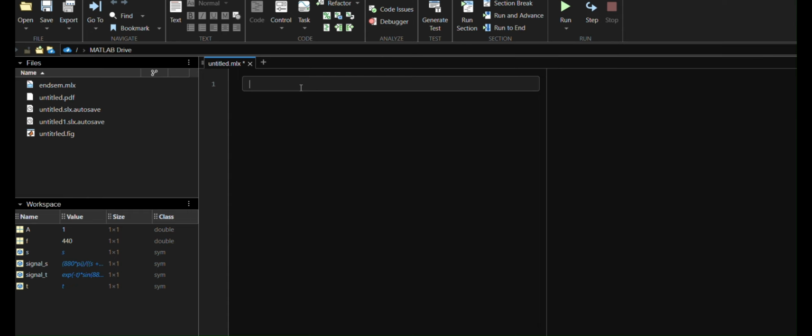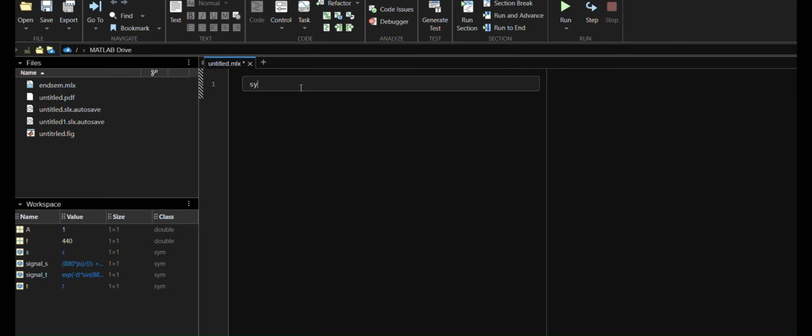MATLAB is software used to analyze signals, particularly in Laplace transform, Z transform, control systems and frequency analysis. So I'm using the Laplace transform in mathematical code to run in MATLAB.